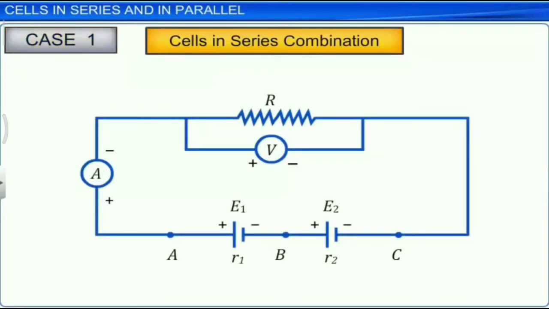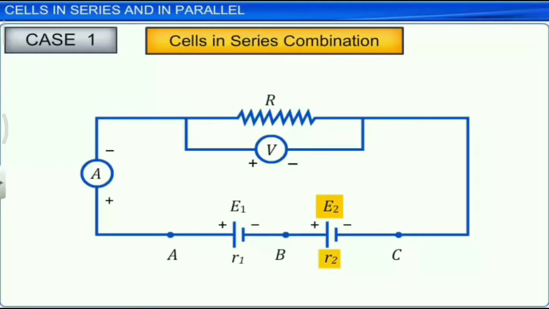Case 1, cells in series combination. Consider two cells arranged in series connection. The negative of the first battery is connected with the positive of the second battery. EMF E1 and internal resistance R1, EMF E2 and internal resistance of the second cell R2.